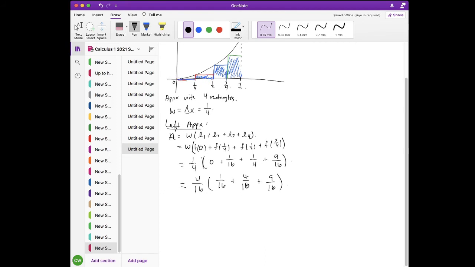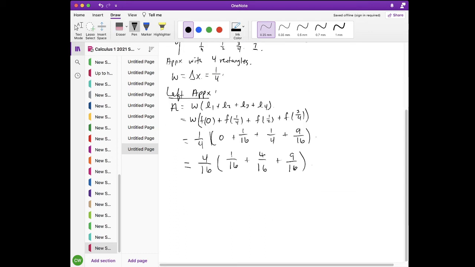Now, what happens if you factor out by 1/16, right? Everything in the fraction has a common factor of 1/16. So what happens if you factor out a 1/16? What remains in the parentheses? Just the numerator terms, yeah.